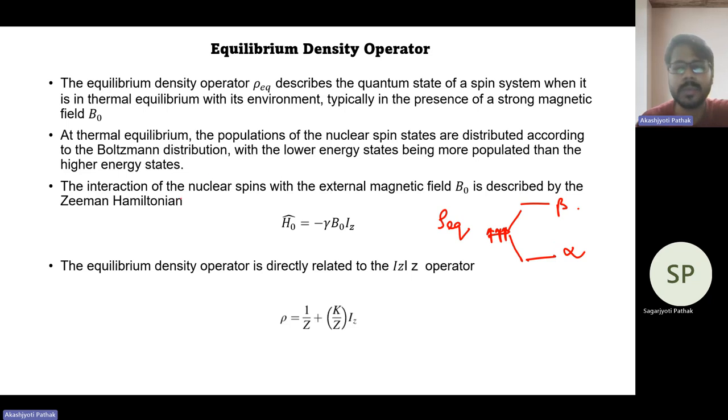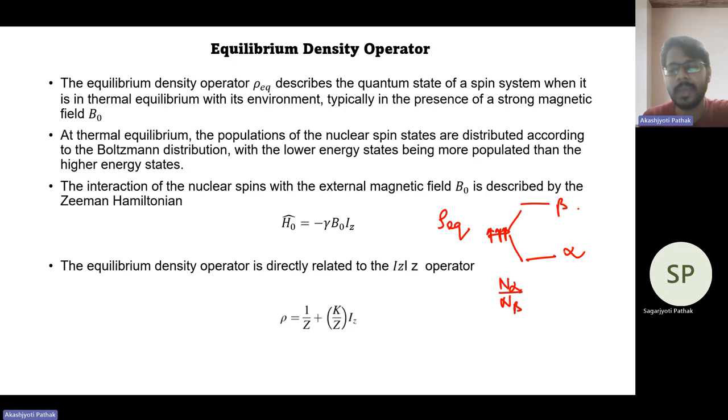The Boltzmann distribution gives us the population of the nuclei in the lower energy alpha state and the beta state. It is basically a ratio of n alpha by n beta. So what is the population difference between these two energy states? Because this population difference is what leads to the NMR signal.